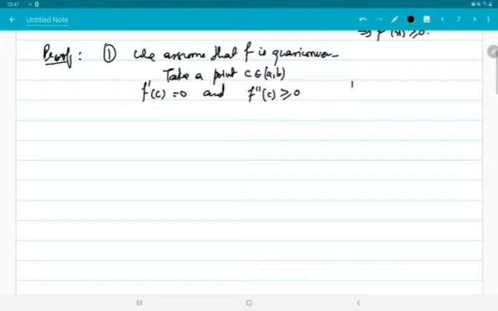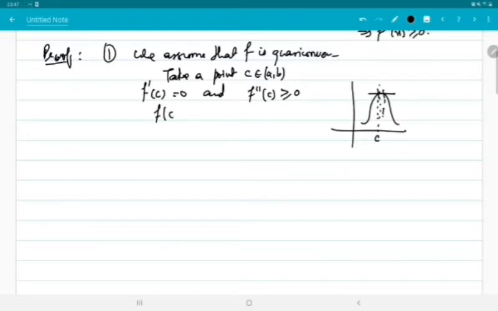So this means that if f double dash c is greater than or equal to 0, and if f dash c is 0, this information is enough to convey that at a small point just before c, so this is c, any small point just before c, the function will be lesser than the value at c, and a small value after, the function will also be lesser than at c.